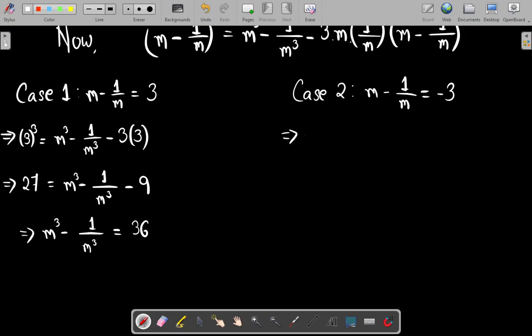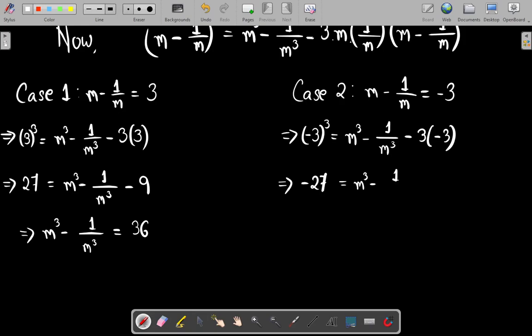For the other case, if we take m minus 1 upon m to be minus 3, negative 3 whole cube is equal to m cube minus 1 upon m cube minus 3 times negative 3. So this gives minus 27 equal to m cube minus 1 upon m cube plus 9. If this plus 9 goes to the left hand side, it becomes minus 9, so this will be minus 36.